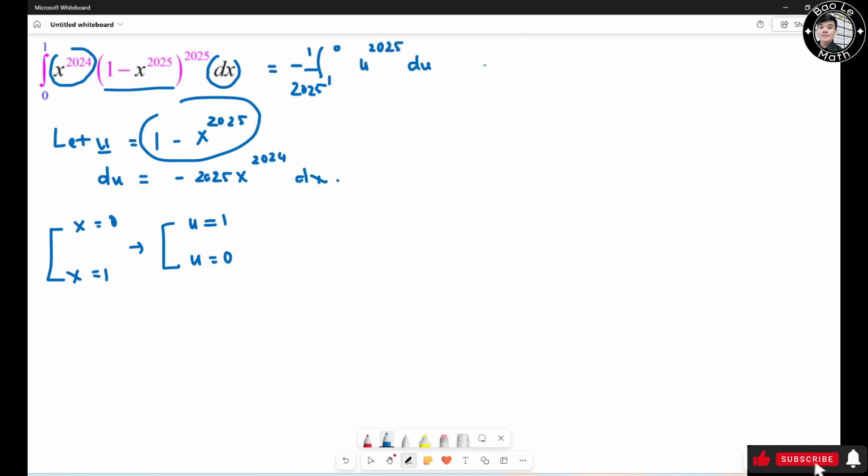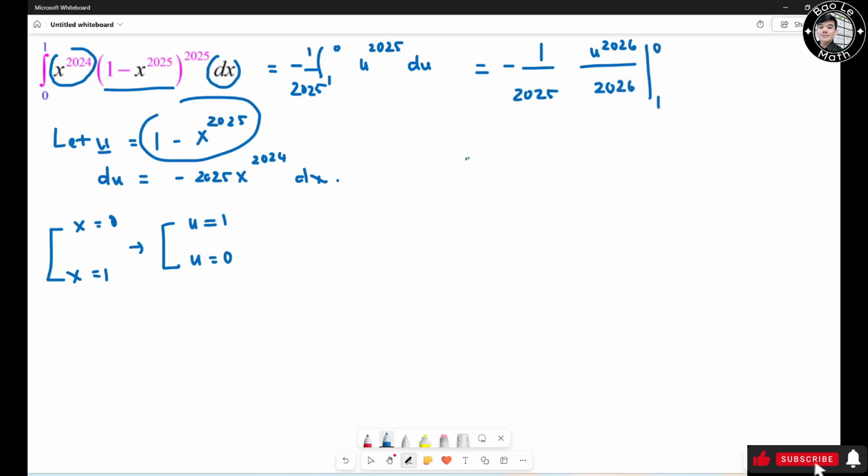2025. If you take the antiderivative of this one, it becomes negative 1 over 2025 times u to the 2026 over 2026, evaluated from 1 to 0.